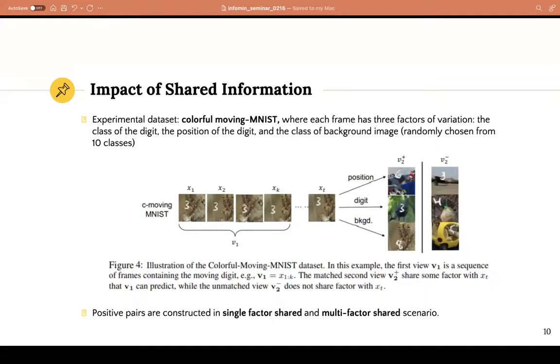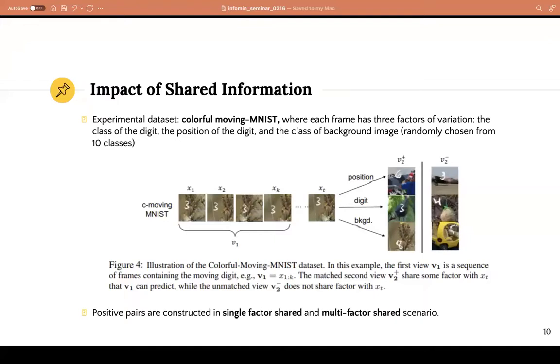And you can change three factors: you can replace the position, the class of the digit, or you can replace the background image. So you can get V2 plus, the positive sample, which somehow shares the same information with V1. And for the negative sample, V2 minus, you share nothing.